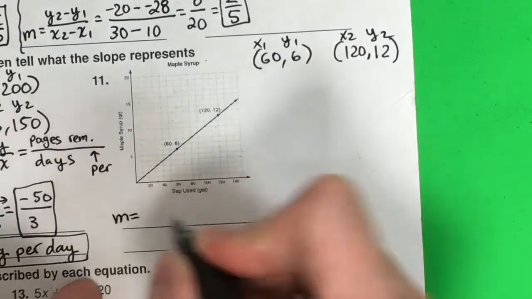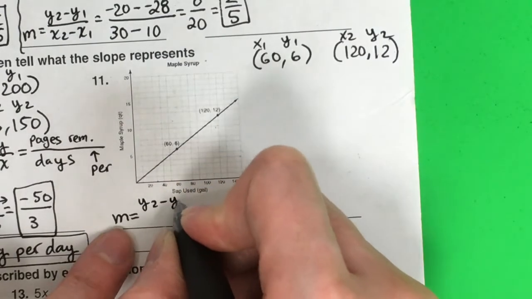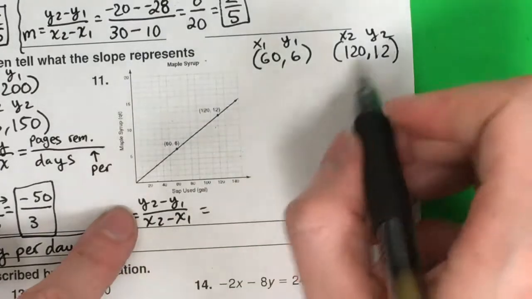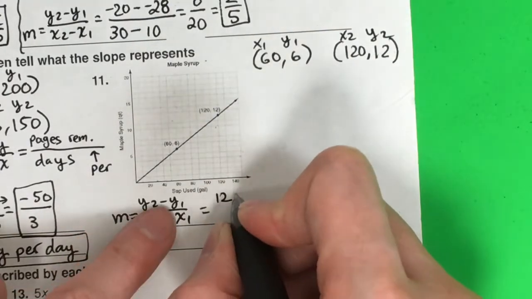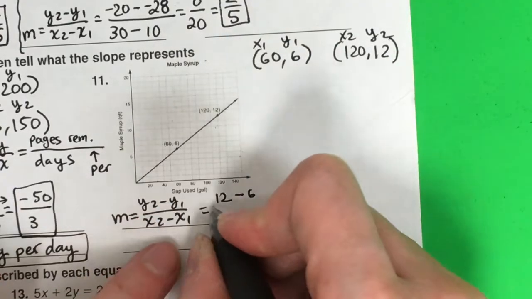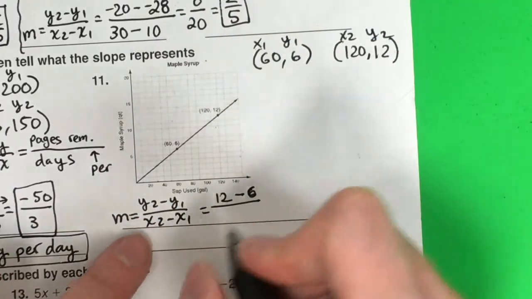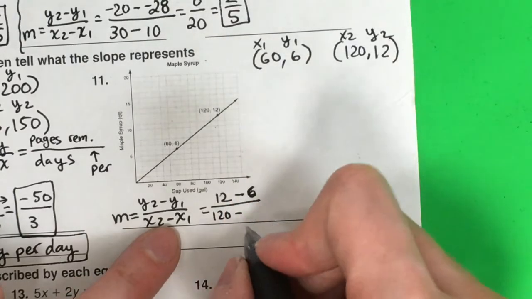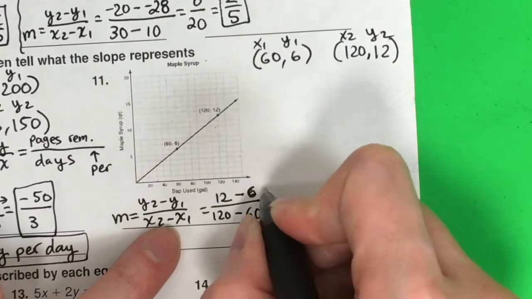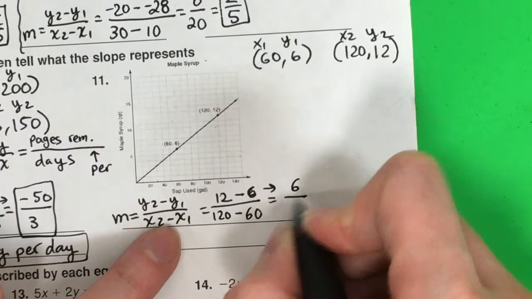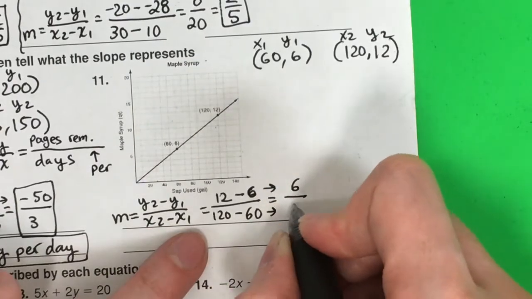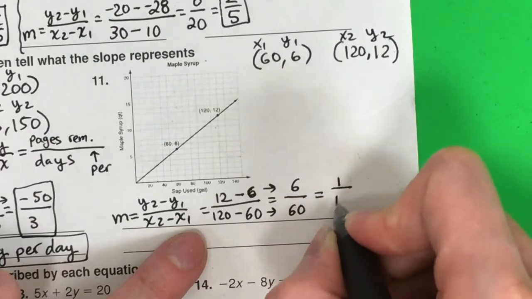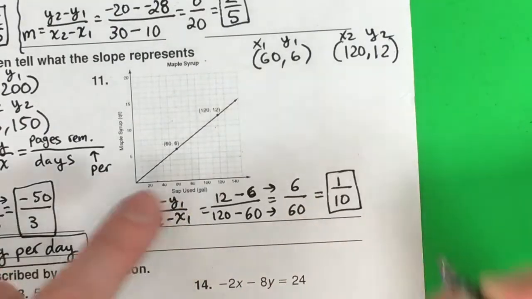So m equals y2 minus y1 divided by x2 minus x1. y2 is 12 minus y1 is 6 divided by x2 is 120 minus x1 is 60. So 12 minus 6 is 6 divided by 120 minus 60 is 60. 6 divided by 60, if you put in the calculator, is 1 divided by 10.